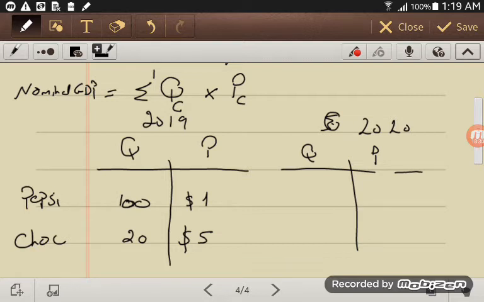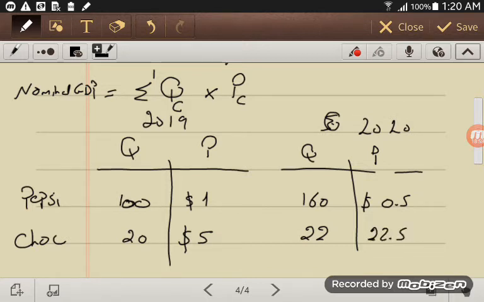And the same for year 2020, it will be 160 units or cans of Pepsi. Price of each is $0.5. And with respect to chocolate, it's gonna be 22 units. The price of each is $22.5.